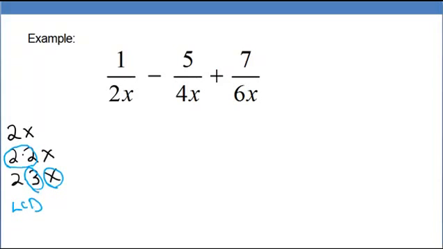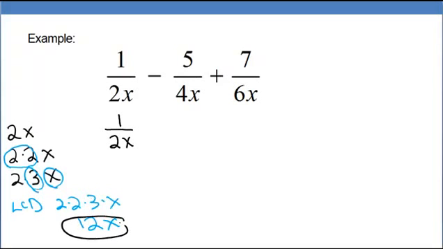So our LCD, we're going to have 2 2's, a 3, and an x. So 4 times 3 is 12x for our LCD. So we're going to work on each fraction. So we'll bring down what we have. And we're going to think of our LCD.